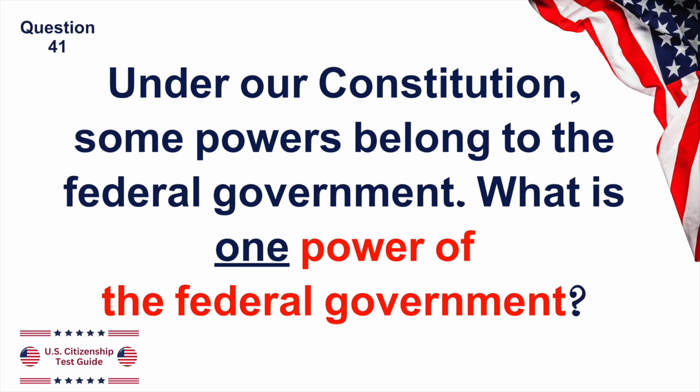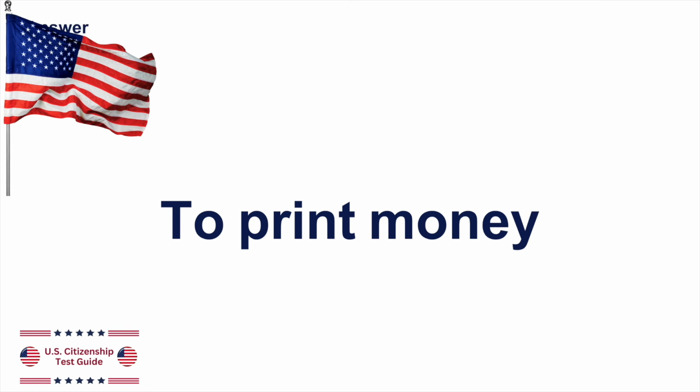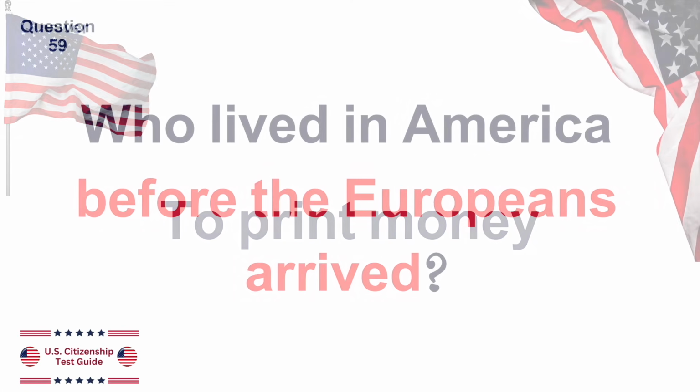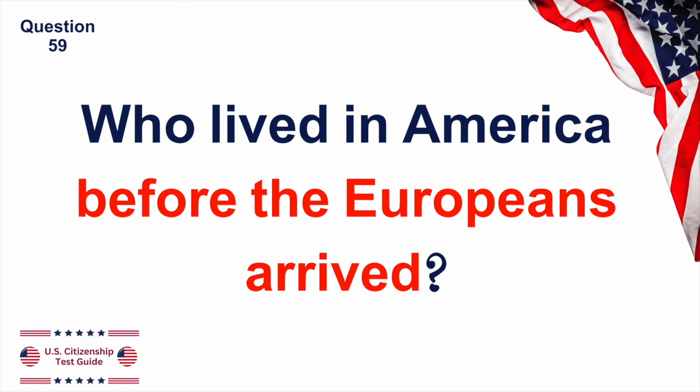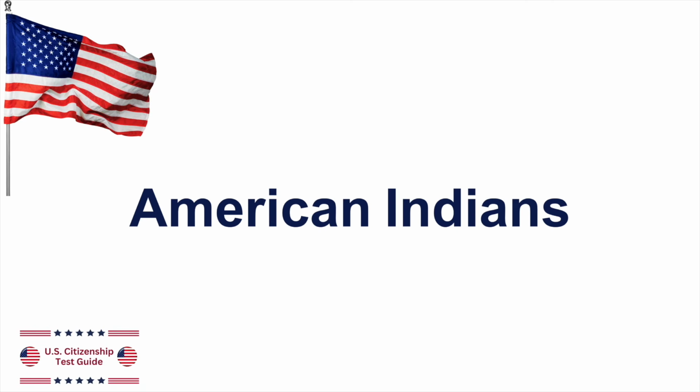What is one power of the federal government? To print money. Who lived in America before the Europeans arrived? American Indians.